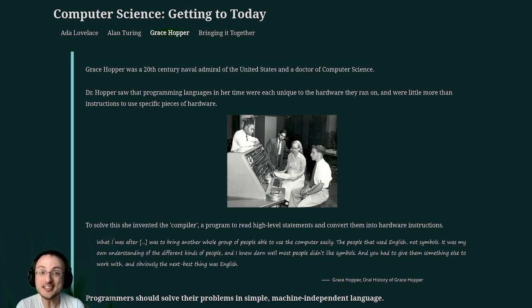And this led to her developing COBOL, the first high-level programming language, or at least one of the first high-level programming languages. And the big syntactic influence of COBOL was the idea that your program should almost have parts of speech. Each line starts with a verb, and then you have the noun that you apply that verb to.